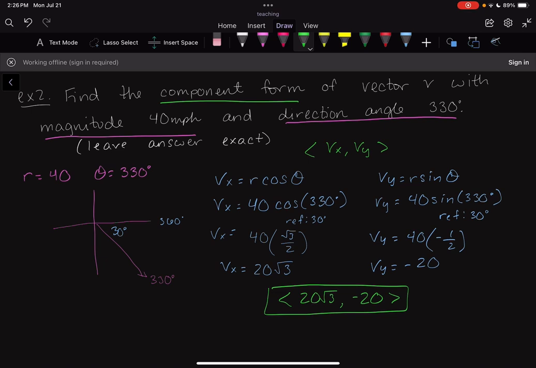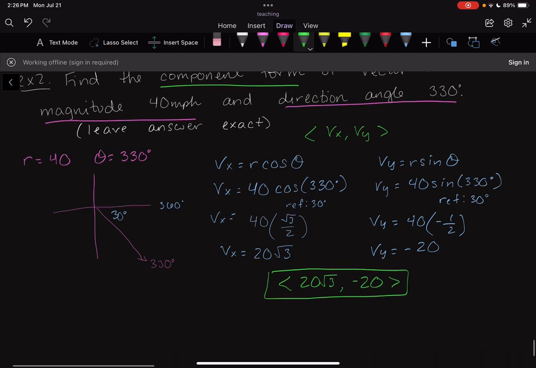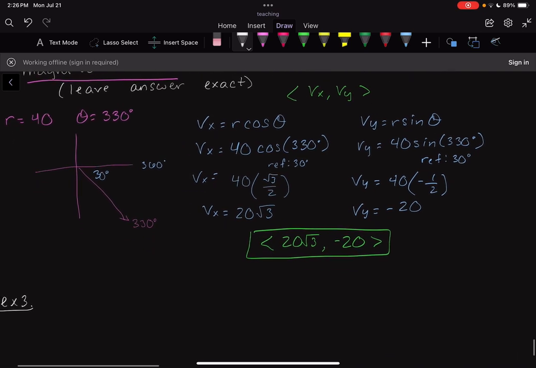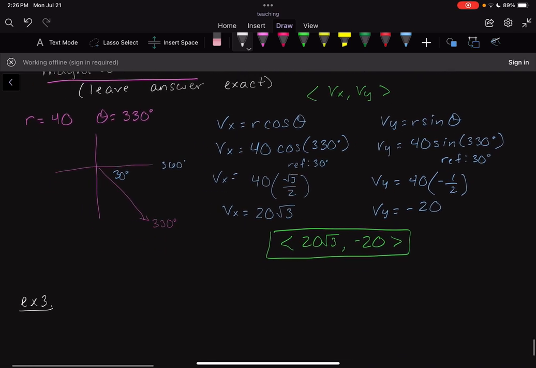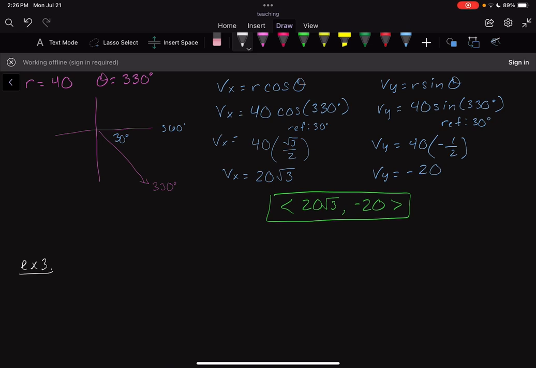Now let's do some where we have to find r and where we have to find theta. Let me think.